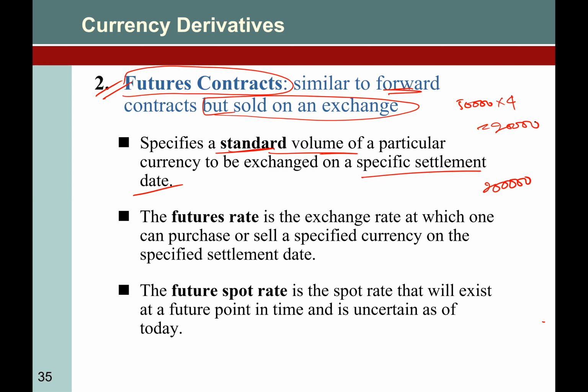Right? So it is regulated by the Forex, which is foreign currency exchange. There are many buyers and many sellers who want to buy and sell these kinds of contracts, so liquidity is high. It is similar to the forward contract, in which there is an obligation.